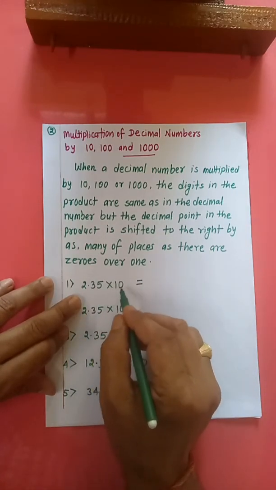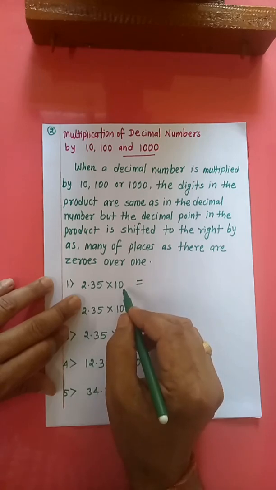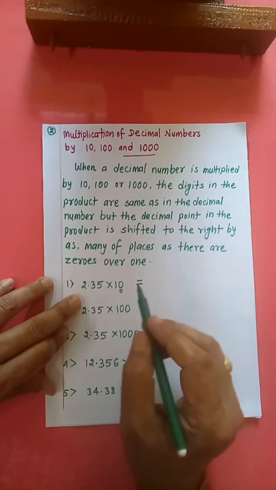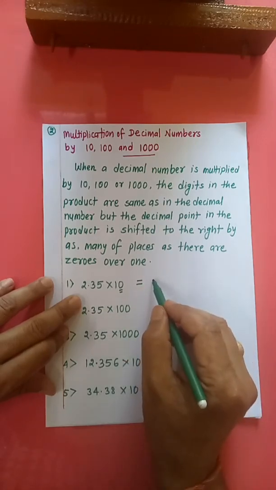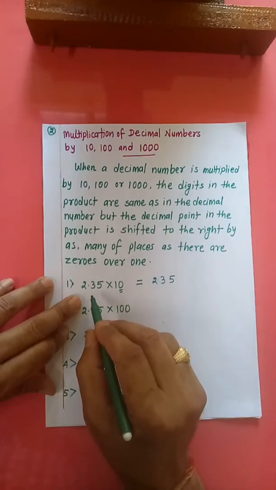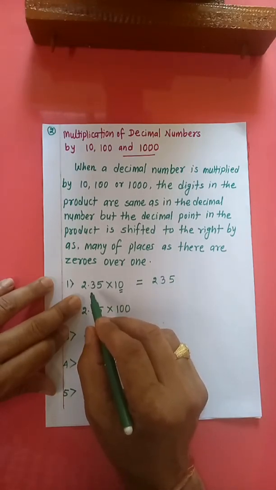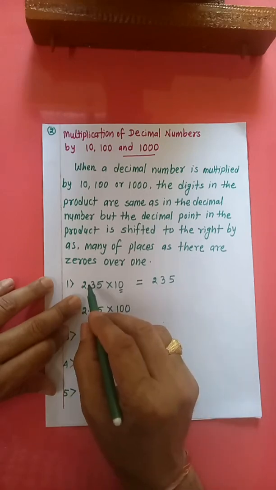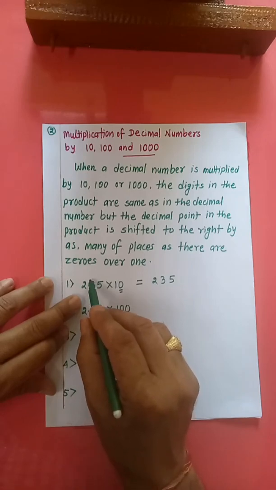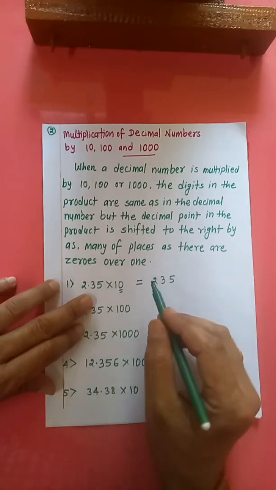2.35 multiplied by 10. Here there is only 1 zero. So in the answer, which is 235, the decimal will move to the right side after one place.